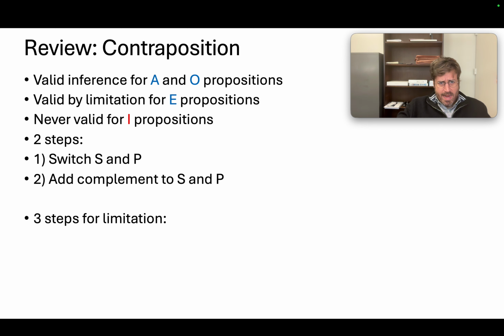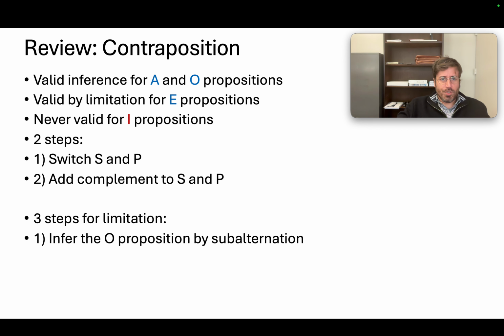For limitation, we have three things we have to do when we're beginning with an E proposition. We have to first bring that E proposition down on the square, right? If we have our square of opposition here, and we begin with an E proposition, universal negative, through subalternation, no S are P becomes some S are not P, right?